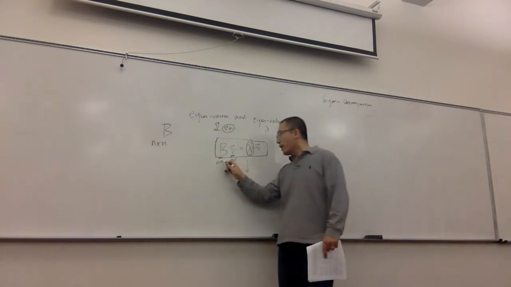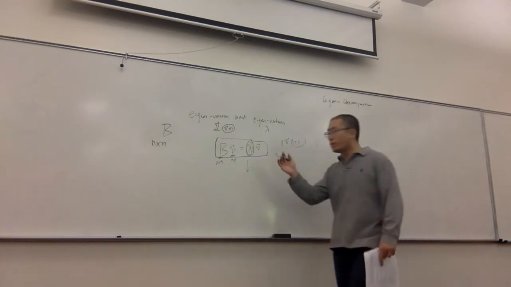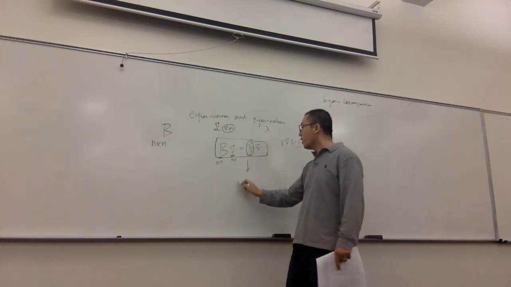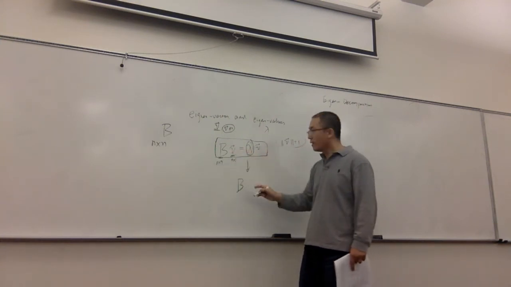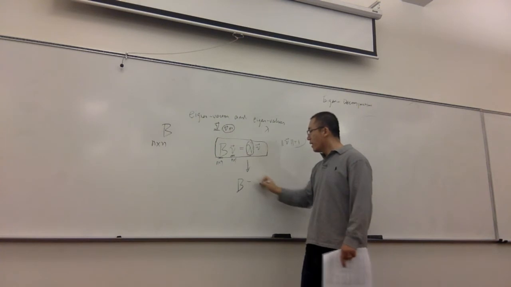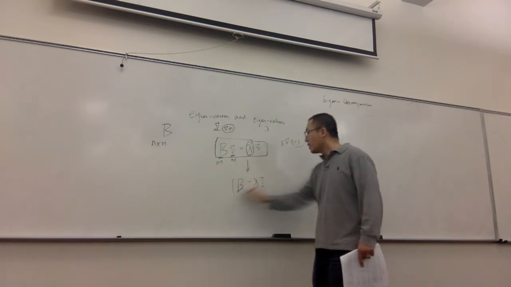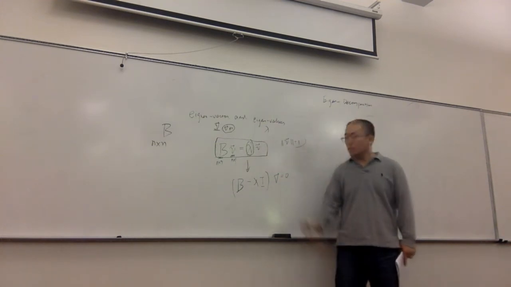I guess that should be first chapter knowledge in linear algebra, so let us just do a brief review. We can just move lambda V to the left-hand side and take V outside. It will be B minus lambda times the identity matrix, then times V equals 0.